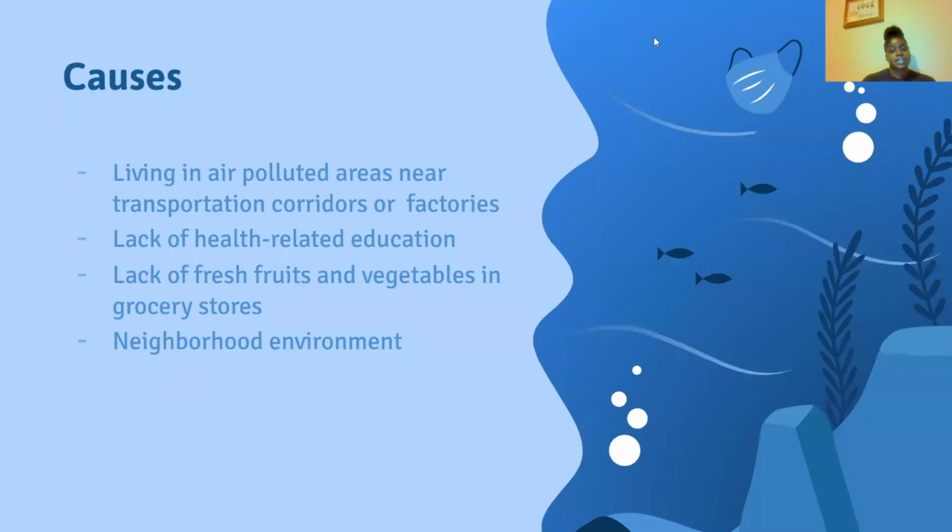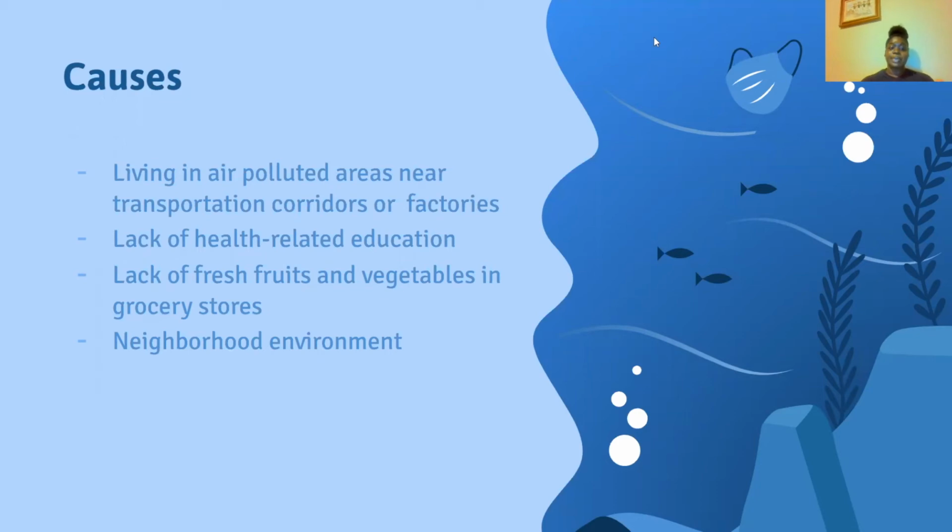Some health diseases are more common in some racial communities more than others. Here I've examined some of the causes of these health disparities. For example, living in air polluted areas near transportation corridors or factories that expel toxic waste can lead to health issues and illnesses.